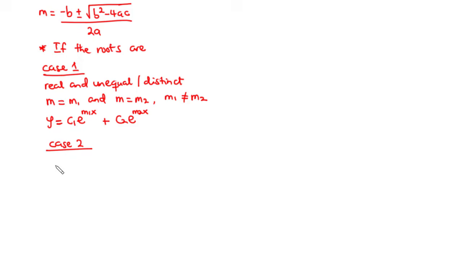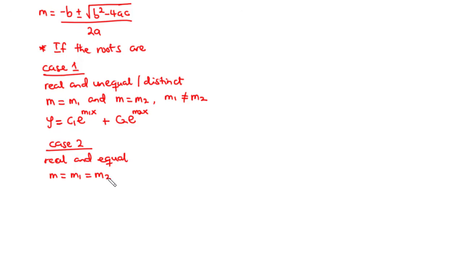Now for case 2, that is if the roots are real and equal. So this time if the roots are real and equal, then it means that m is equal to m1, and that is the same as m2.